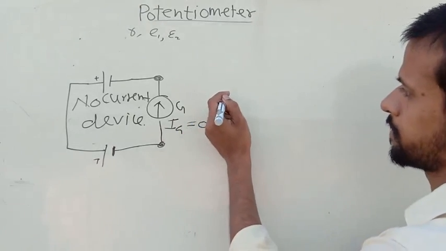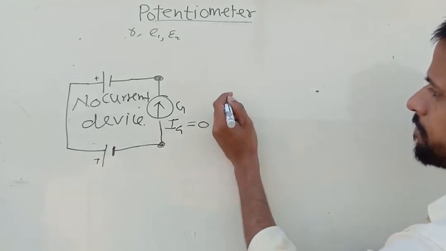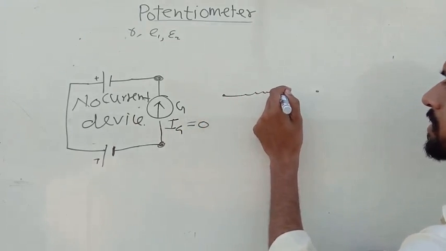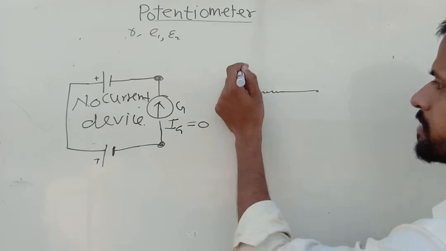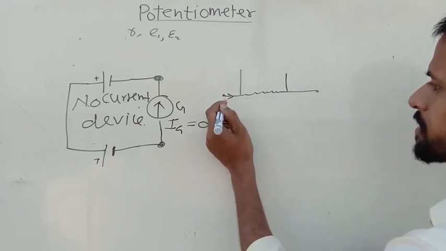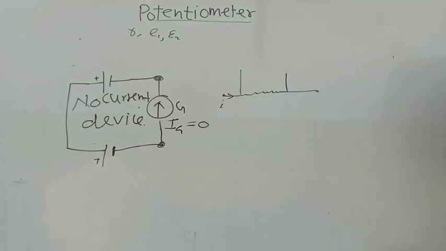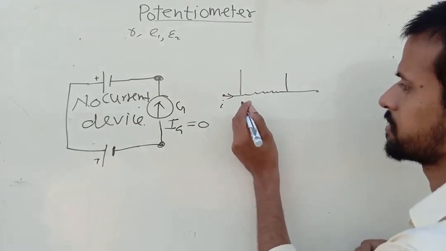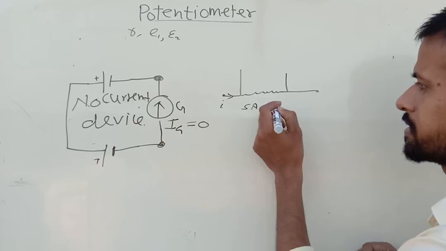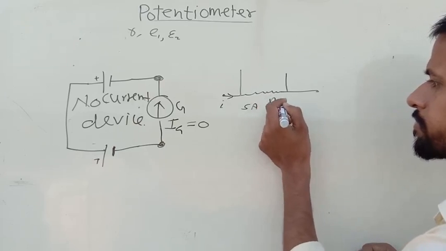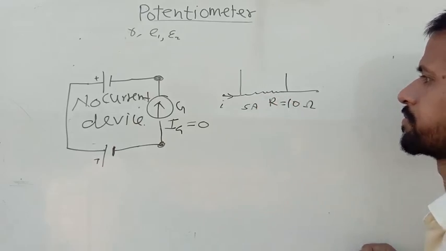If we have to calculate the potential difference across this resistance, suppose a current I is flowing in this circuit. Suppose here I is 5 ampere and the resistance is 10 ohm.